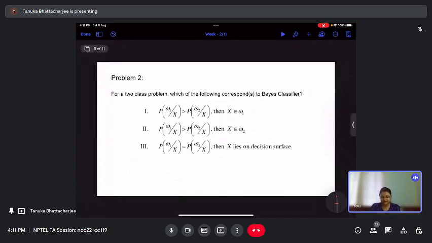Here it is said that for a two-class problem, which of the following corresponds to Bayes classifier? So before I tell the answer, will any of you want to try which will be the answer for this?